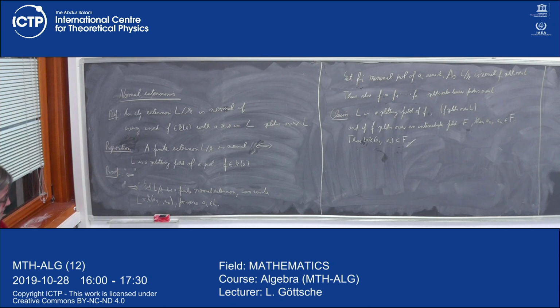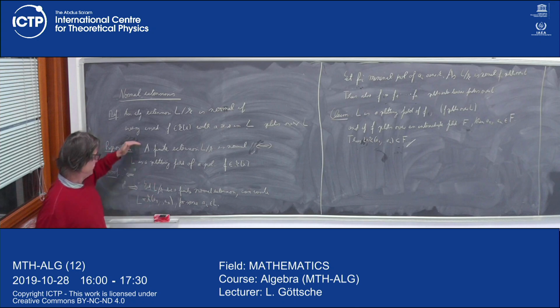Okay, that is the definition. Now we are only interested in finite extensions, so if we have a finite extension, then it's normal if and only if the bigger field is a splitting field of one polynomial.